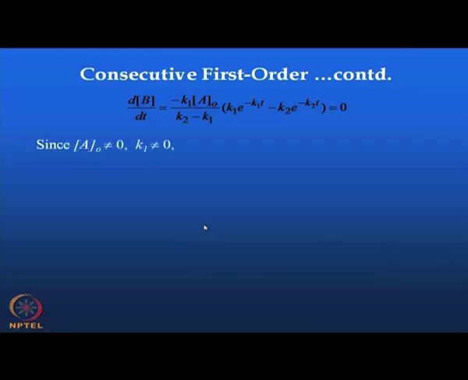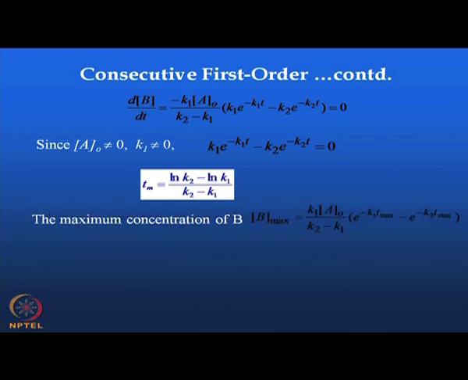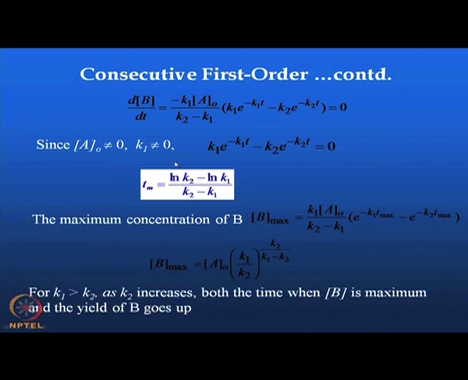Upon extremization, you put that equal to 0, and also note that A0 is not 0 and K1 is also not 0. With those conditions, as I told you, this is already stated: t maximum is equal to (ln K2 minus ln K1) divided by (K2 minus K1).